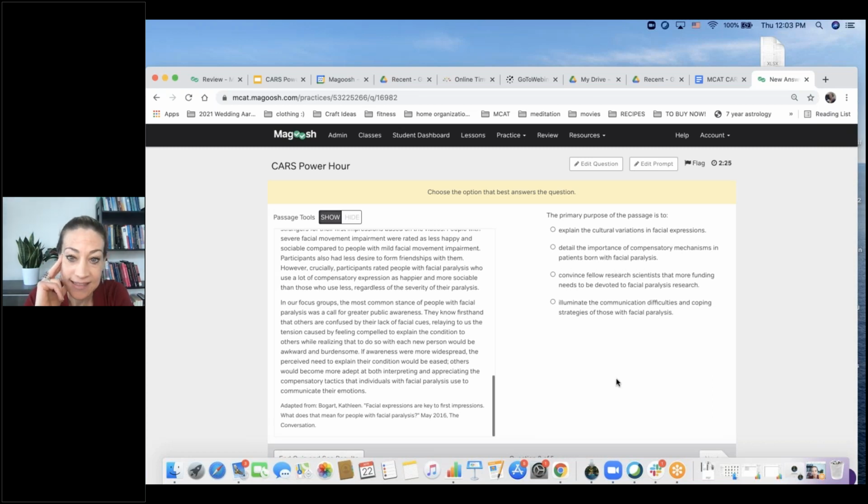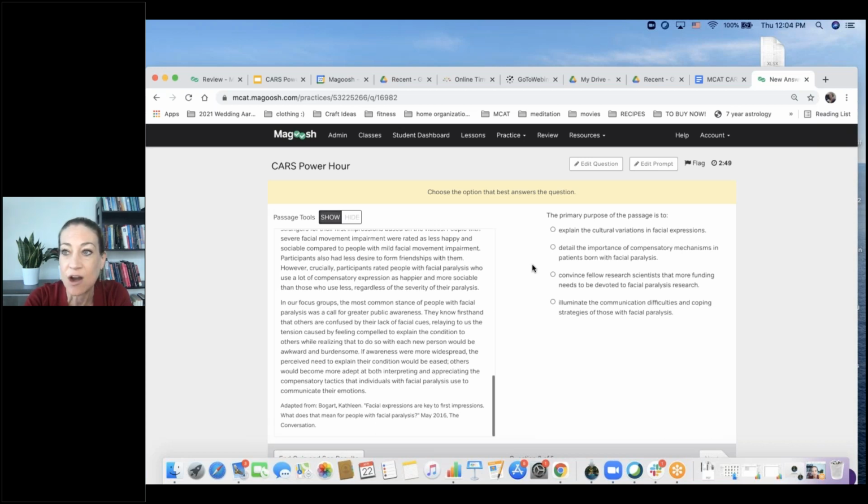The reason that one is not the best answer choice is mostly because of this verb, detail. The purpose of the passage is not to detail anything. It's very rare that you'll see any CARS passage that has a primary purpose of detailing. That would be listing, just giving lots of facts.